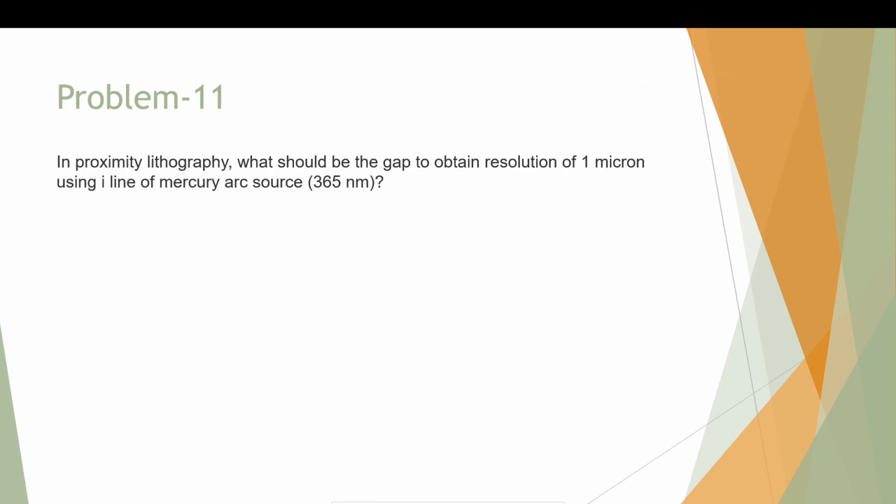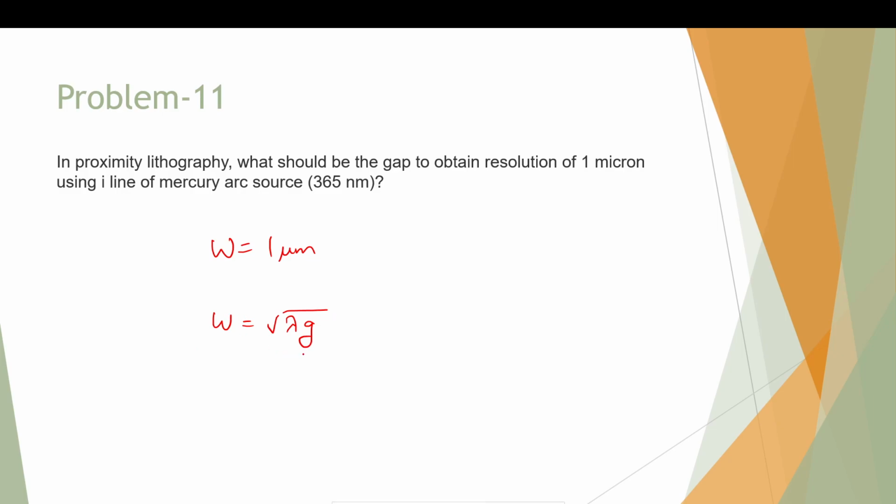In proximity litho, what should be the gap to obtain a resolution of 1 micron using the I line of a mercury arc source? They have given us the resolution, so W is 1 micrometer. W is nothing but the root of lambda g, where g is the gap.